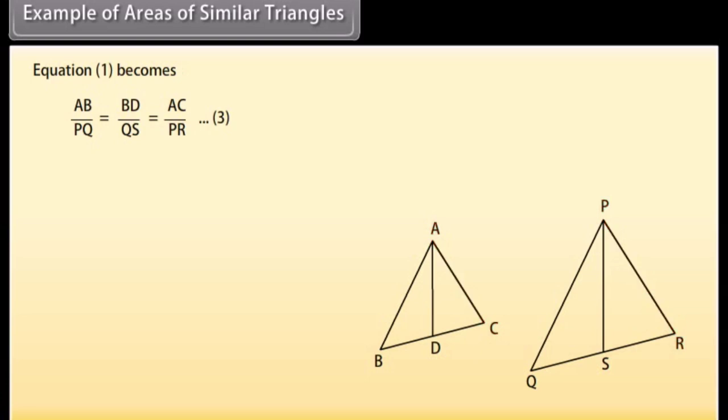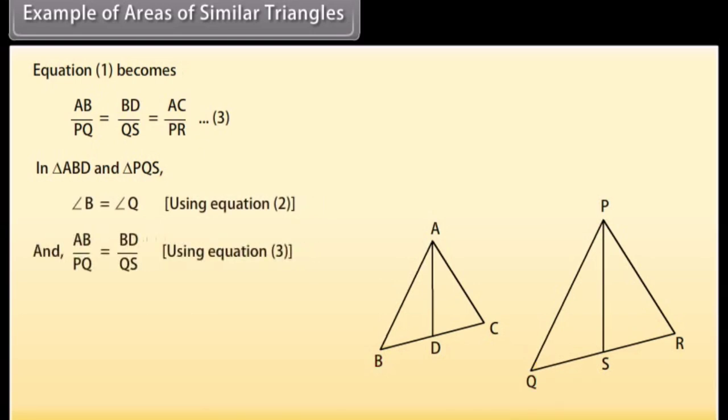In triangle ABD and triangle PQS, by using equation 2, angle B is equal to angle Q, and by using equation 3, AB/PQ equals BD/QS. Therefore, triangle ABD is similar to triangle PQS, by the SAS similarity criterion.